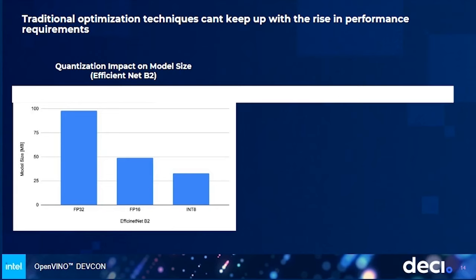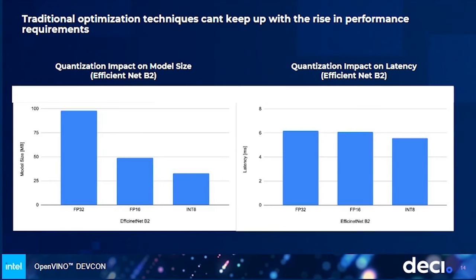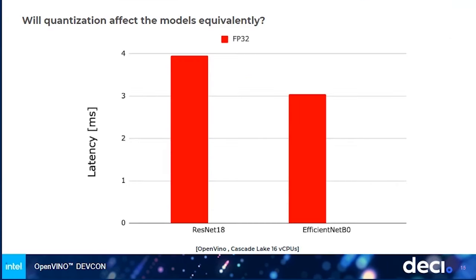And again, as in the previous example from the hardware choice, we see that quantization doesn't really affect all models equivalently. It might change rankings between model runtimes. So, for instance, over here we have two models again on OpenVINO Cascade Lake with 16 virtual CPUs. Here it's latency, not throughput, so lower is faster.